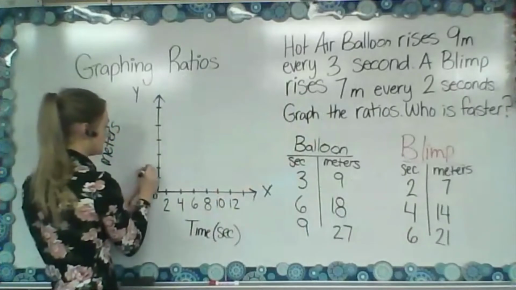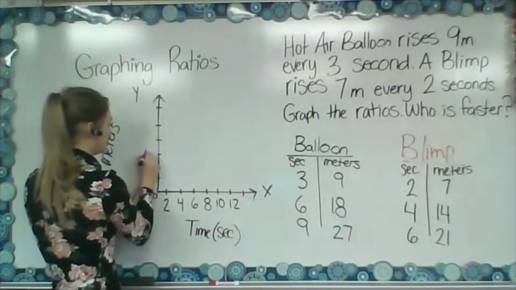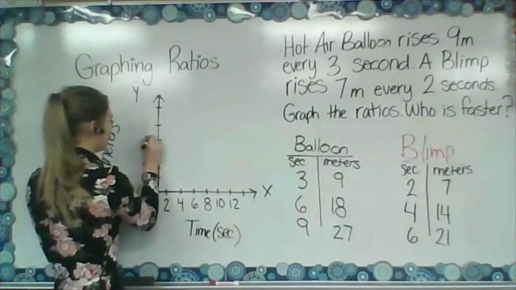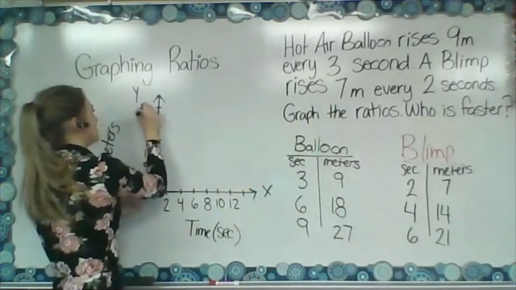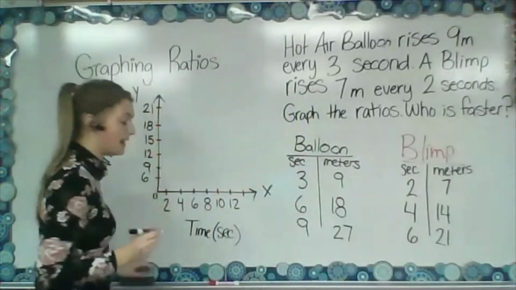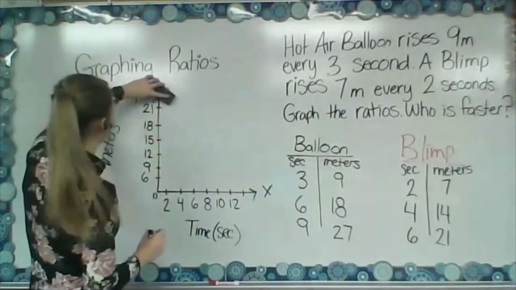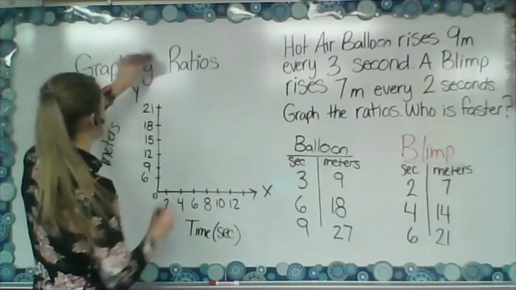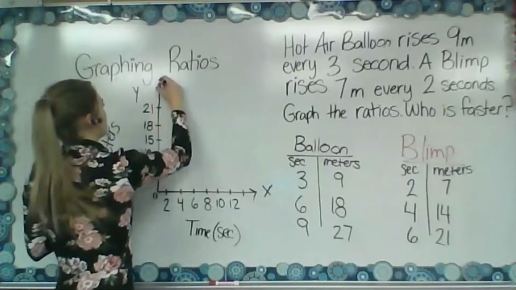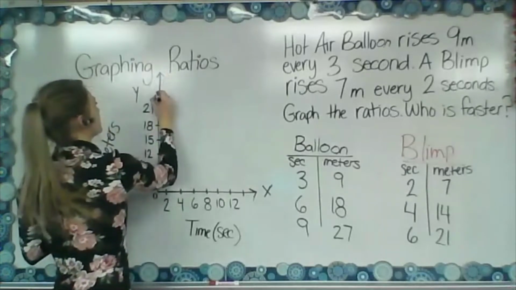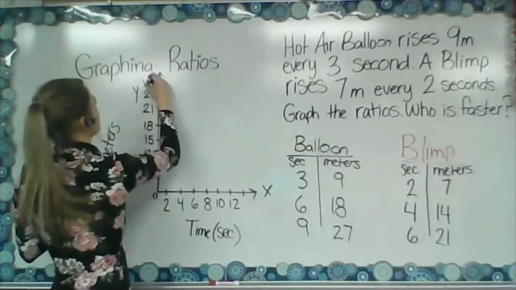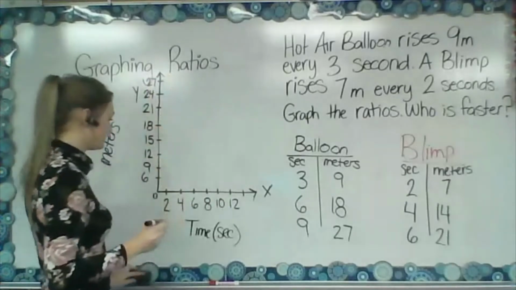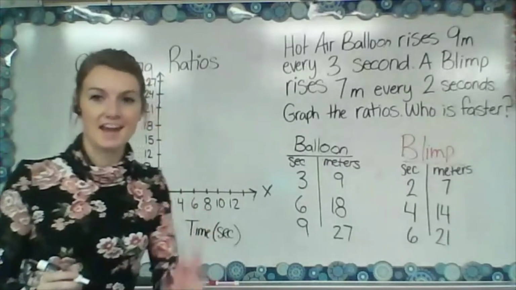So I'm going to go 6, 9, 12, 15, 18, 21. Okay, now I'm out of room. So I'm going to have to make my graph a little bit bigger. 24. And then my last one is 27. All right, now I'm ready to graph.